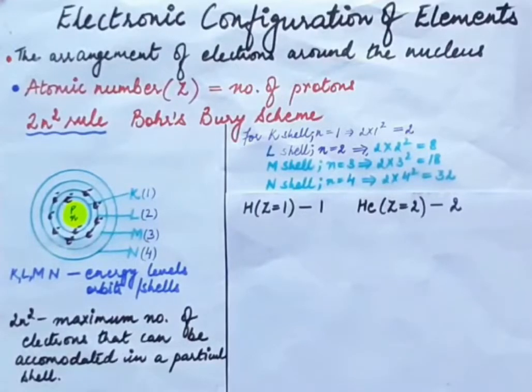Before moving on, we should keep in mind one thing: the first shell cannot have more than 2 electrons, and the last shell, that is the valence shell, cannot have more than 8 electrons. So accordingly we'll write the electronic configuration of the elements.